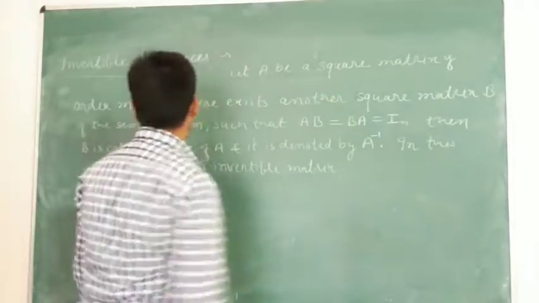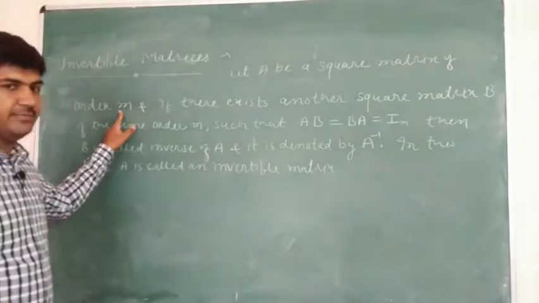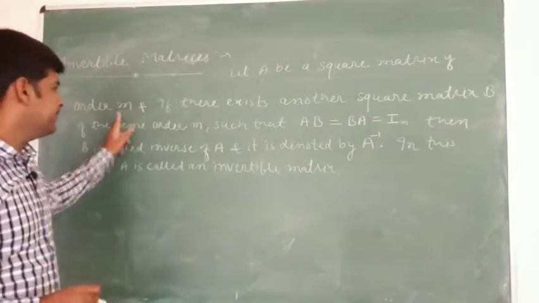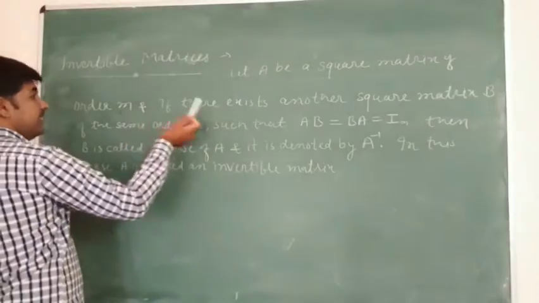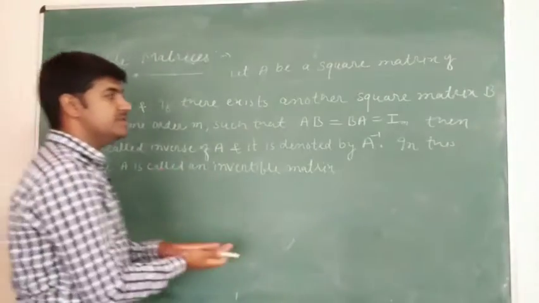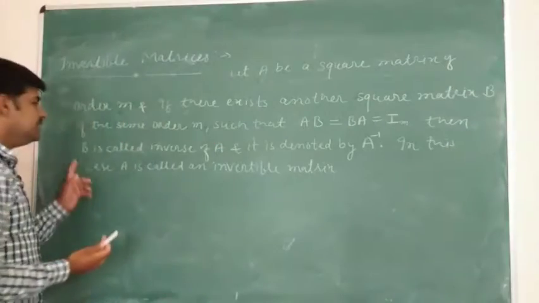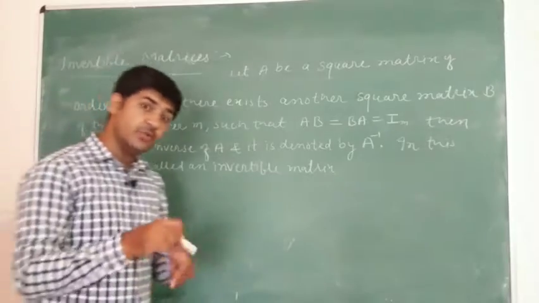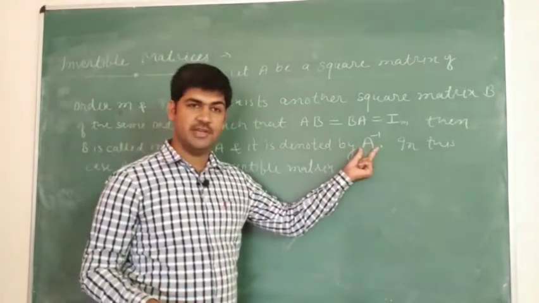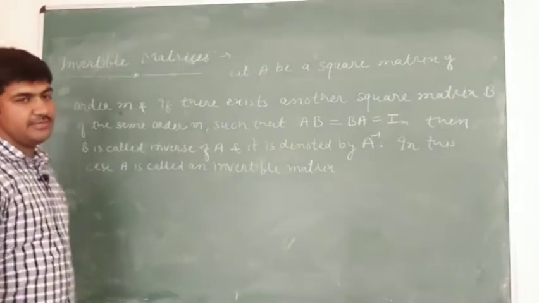Let A be a square matrix of order M, means order M by M. If there exists another square matrix B of the same order M such that AB is equal to BA is equal to identity matrix, then B is called inverse of A and A is called inverse of B, and B here, the inverse of A, is denoted by A inverse. In this case A is called an inversible matrix.